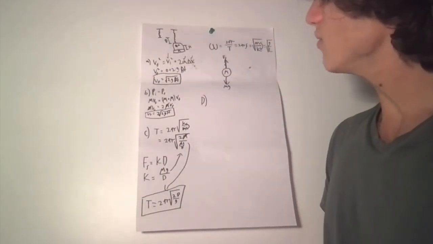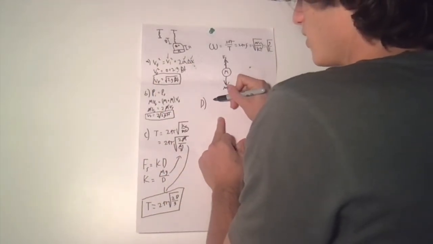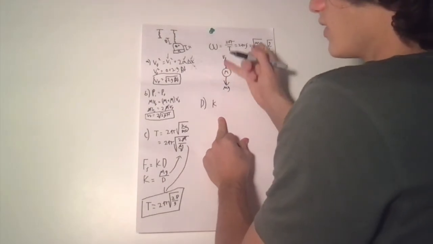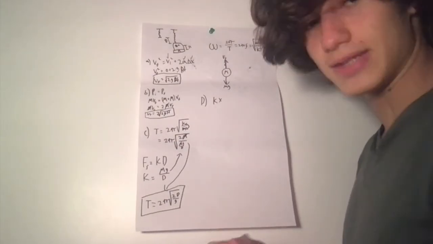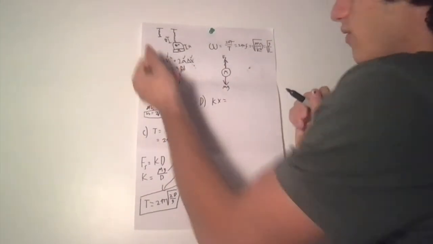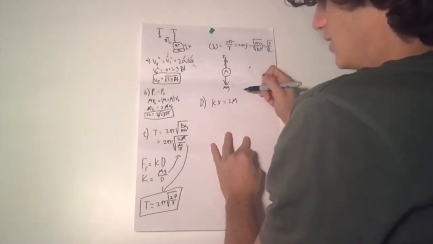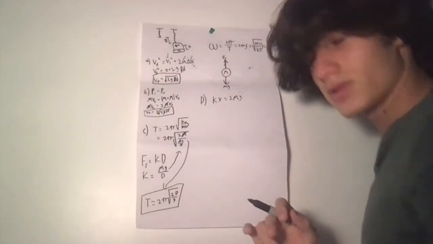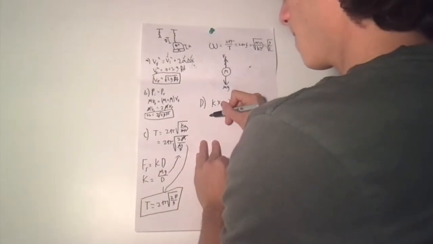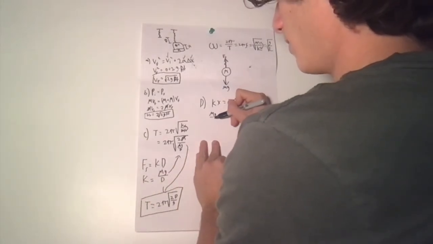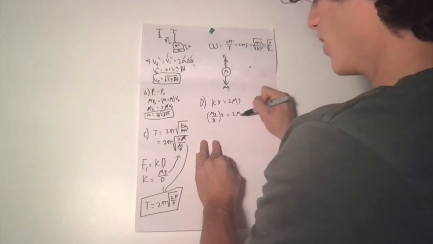In that case, what we should do is set this up, right? This is a spring, so we can just say that k, the spring constant, times x, which is what we're trying to find, the distance at which the velocity will be maximum, should be equal to the forces. So it's just going to be 2m, because we have two of the masses, times gravity, because that's what's pulling it down. So then we can plug in the k here, which we found to be mg over d, all this times x should be equal to 2mg.